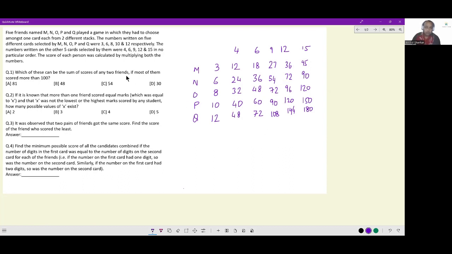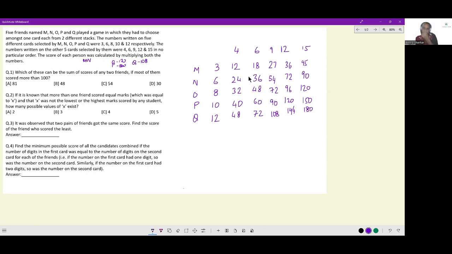So most of them scoring more than 100 would imply O gets to 120 and P gets to 120 also, and Q gets to 108. Now most of them have scored greater than 100, but M and N will not score more than 100.